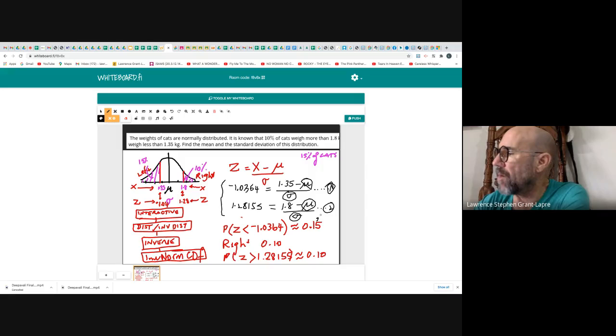Then I'll go X, comma Y after the vertical line.